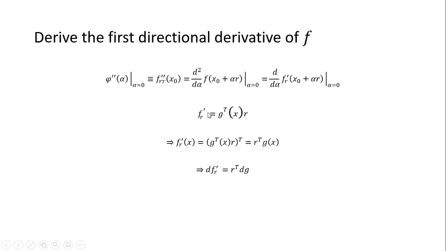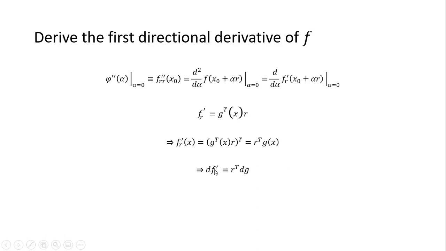So we know that the first directional derivative of f is g transpose of x multiplied by r. Since this is an inner product that gives us a scalar, we can transpose it and get the same scalar. So we write the first directional derivative of f at point x as g transpose x r, and we transpose this expression and get r transpose g of x.